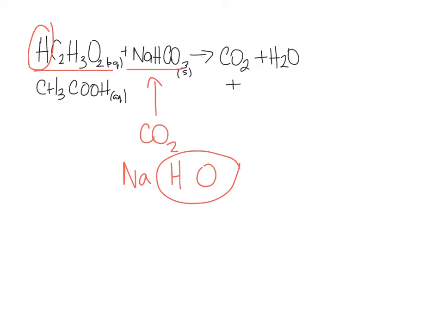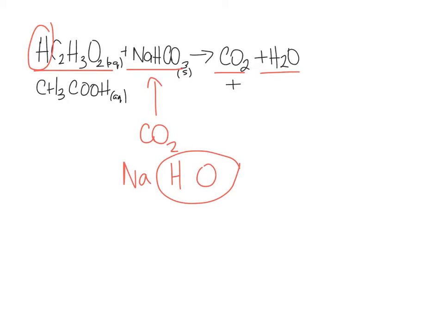So H and an HO will give us the water. So that's where the CO2 and H2O come from: the H from your acid, the second O from your carbonate, and in this case, the H from your carbonate as well. All right, that leaves sodium and whatever's left from our acid.